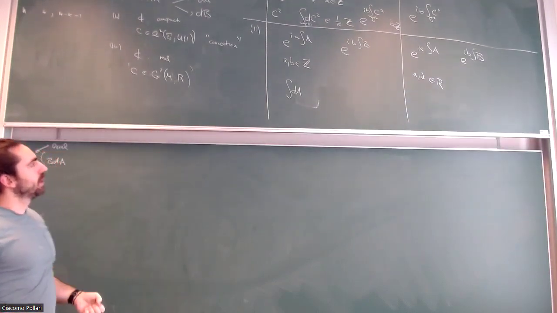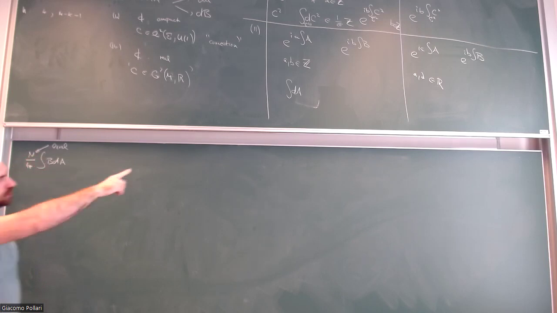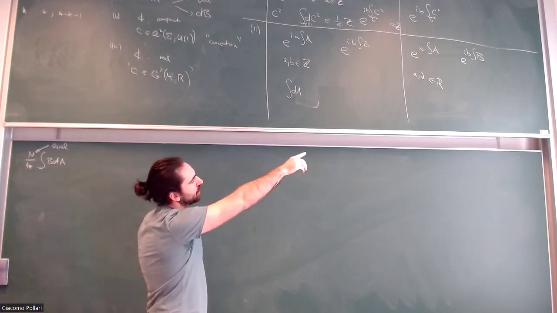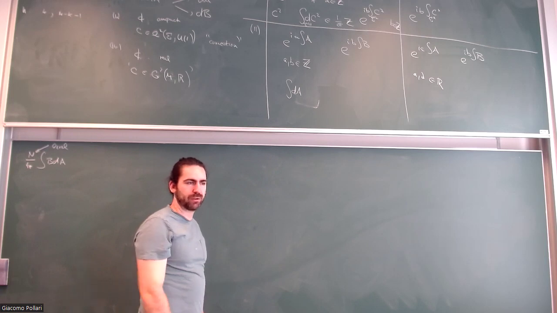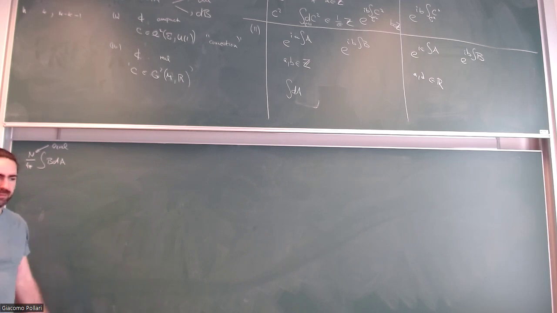Okay, so let's now look at what matters. This prefactor is all that matters in these theories that will make them interesting, at least in the compact case. In the real case, the quantization condition is not there because there's no large gauge transformation. They're just valued in R and that won't impose any condition like that.